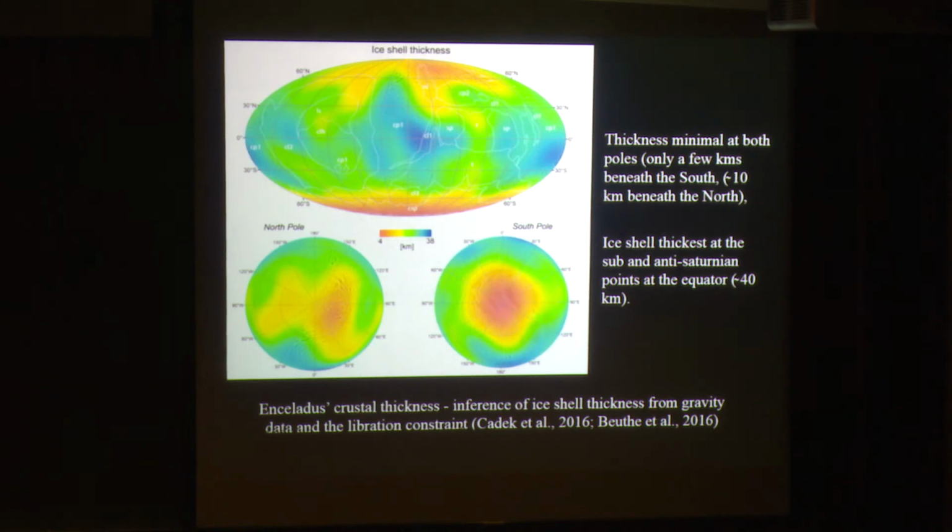But that's the image you get when you look at the topography and the gravity coefficient, and then you infer the thickness of the ice. So the total amount of heat that you need is something between 15 and 20 gigawatts. At the beginning of the Cassini mission, we focused on where the geysers are, where you have the tiger stripes and the geysers coming out.